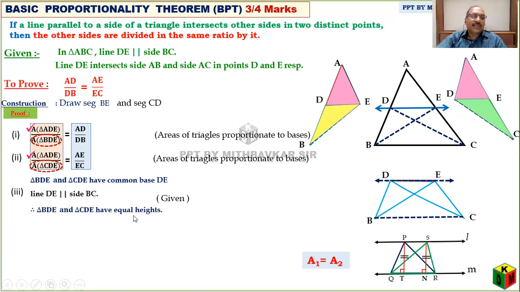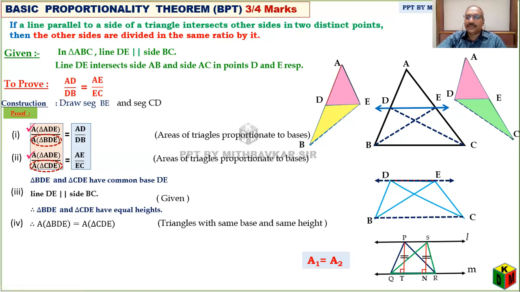Triangle BDE and triangle CDE have equal heights. So we got common base and equal heights. What is the conclusion? I can say those two triangles have same area. So area of triangle BDE is equal to area of triangle CDE. Reason, triangles with same base and same height.